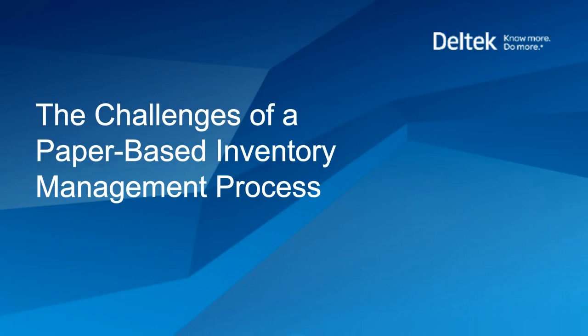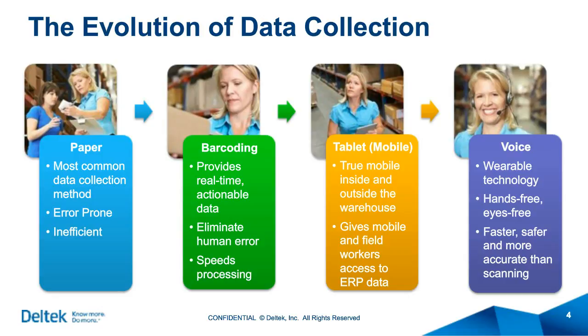So first thing we'll do is take a look at some of the challenges that companies running paper-based inventory management systems are facing. As we do that and we talk in today's session, you're going to see an evolution of how people have handled their inventory processes from the most common route of paper, where it all started, which is more error-prone and inefficient.